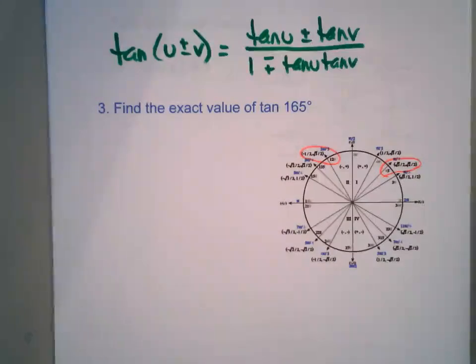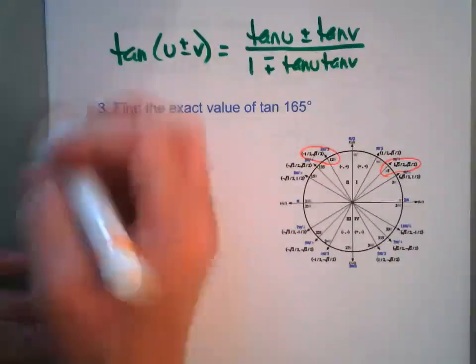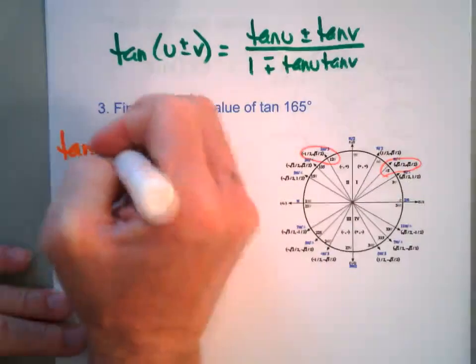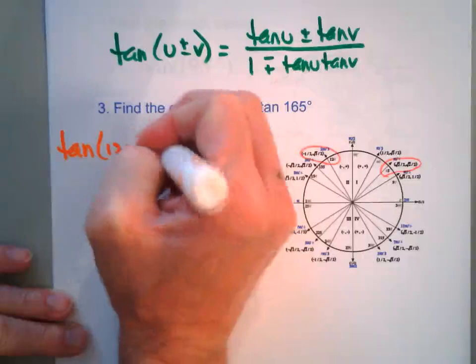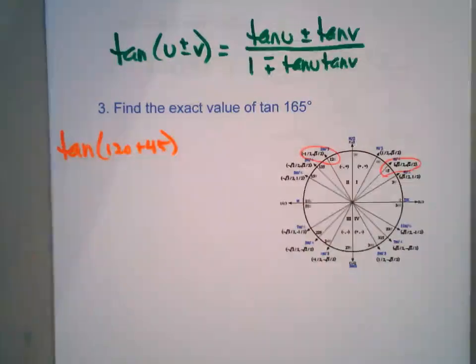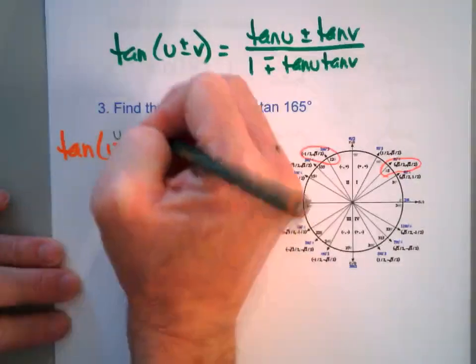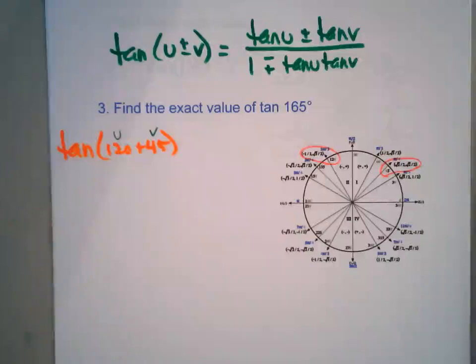Don't have to memorize these, you just have to have them written down so that you can find them when you need them. And so we're doing 165, so we're going to use 120 plus 45. So 120 is our u, 45 is our v.